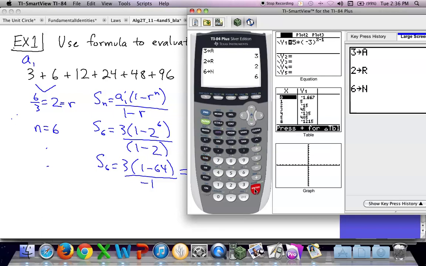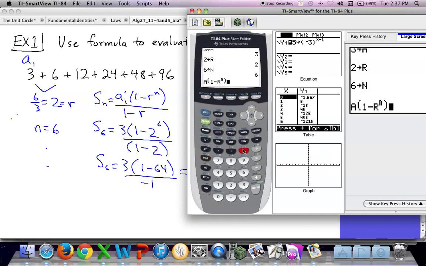Once you've got those in, do the formula. Like now I'll go alpha A, parenthesis, 1 minus alpha R, raised to the alpha N. Make sure you get out of the exponent.